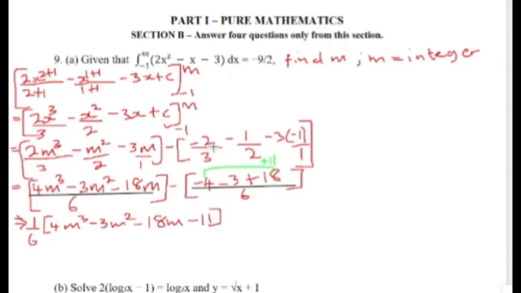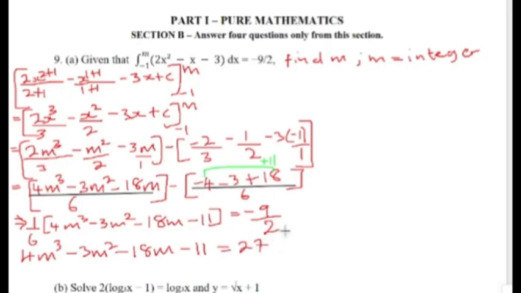Now let's not forget we have a right hand side. Everything is equal to minus 9 over 2. Good. Now we can clear these fractions by a simple cross multiplication. If I cross multiply this, what am I going to get? I'm going to have 4m cubed minus 3m squared minus 18m minus 11 equals 27.